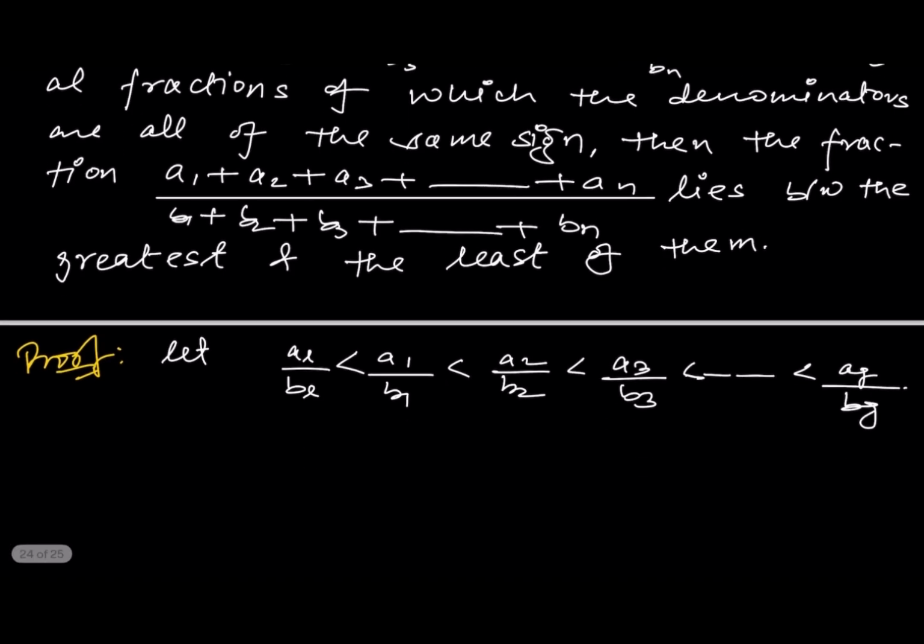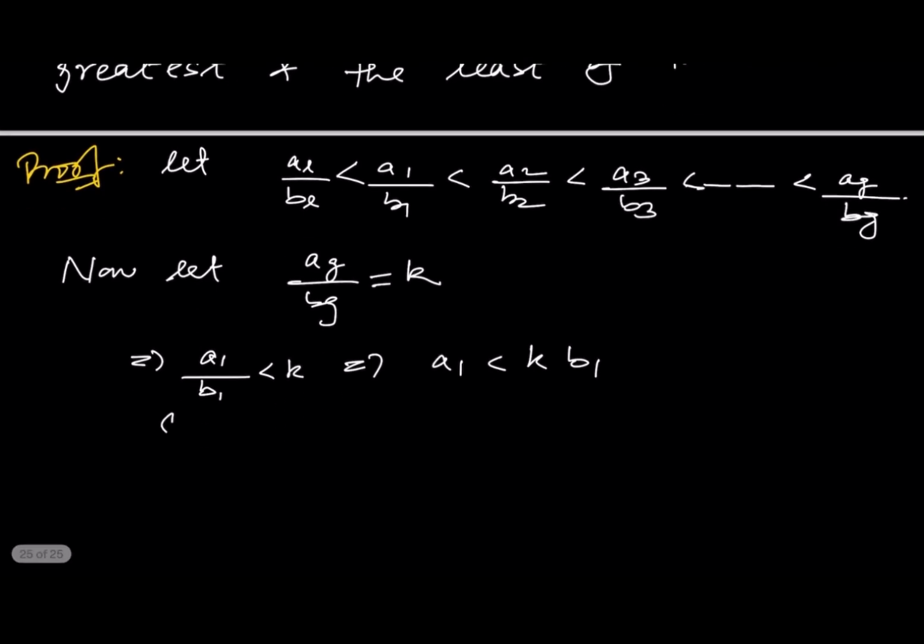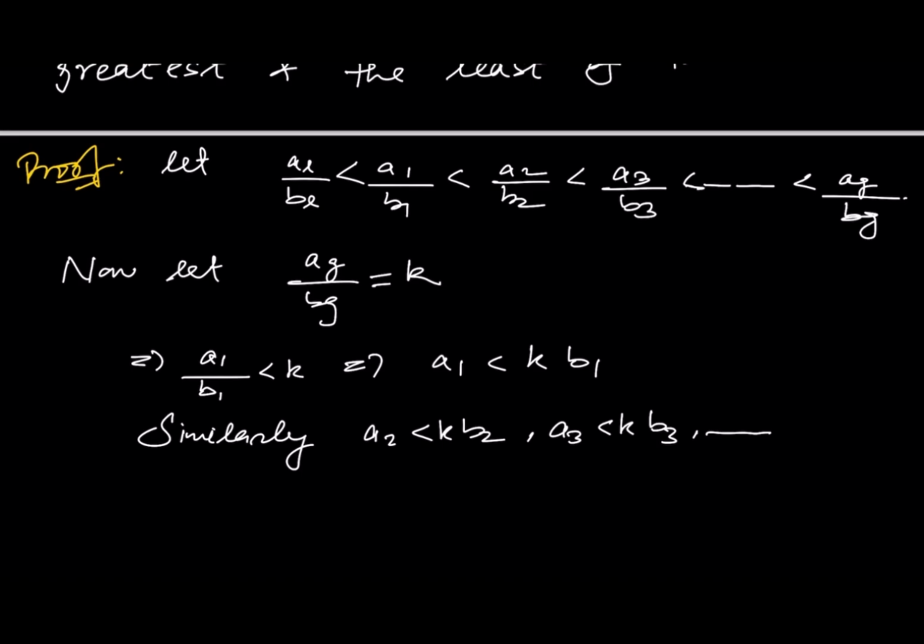So now let ag/bg be equal to k, then a1/b1 is less than k because k is greatest, so it implies a1 is less than kb1. Similarly, a2 is less than kb2, a3 is less than kb3, and so on. Right?